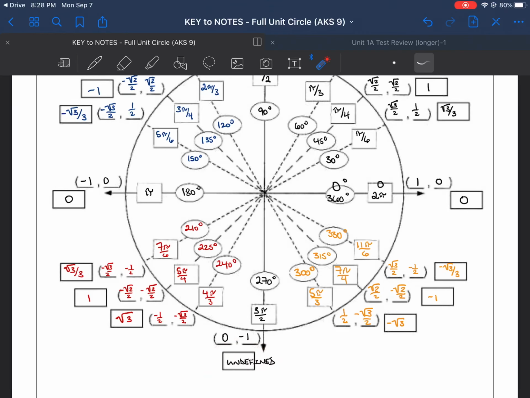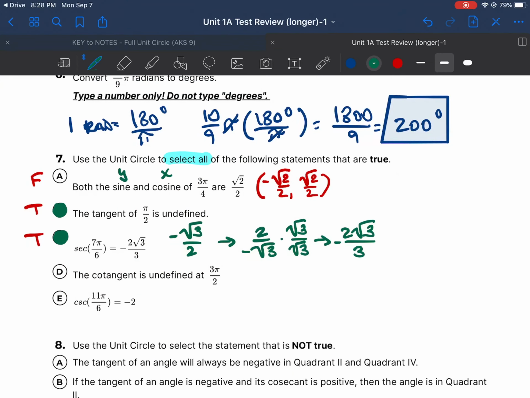So if we think of cotangent, cotangent is the cosine divided by the sine, or the x divided by the y. So if we think of 0 divided by negative 1, well, that's just 0. And 0 is not the same as undefined. So this would be a false statement. And it's a false statement because the cotangent of 3 pi over 2 equals 0, not undefined.